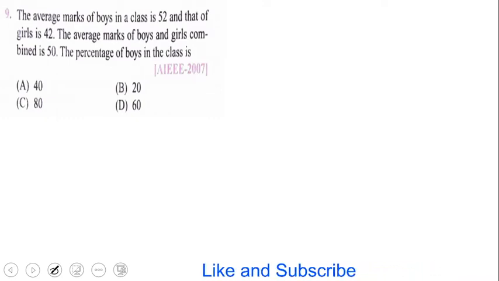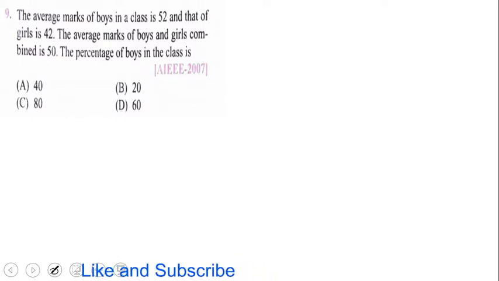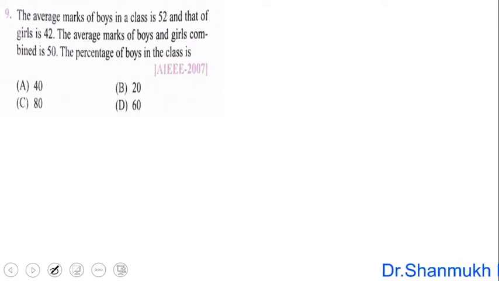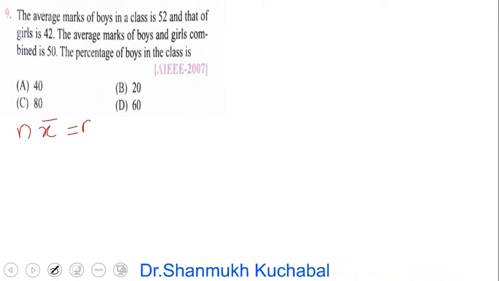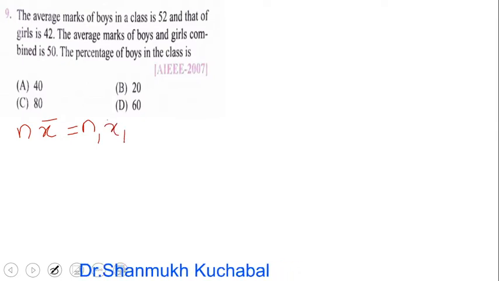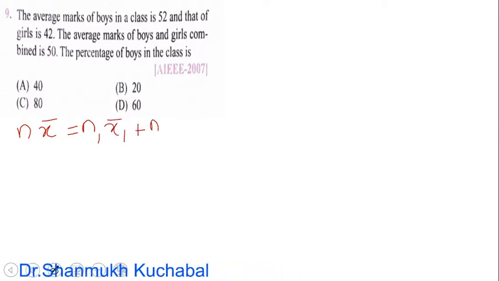The average marks of boys in a class is 52 and that of girls is 42. The average marks of boys and girls combined is 50. The percentage of boys in the class we have to calculate here. So the related formula is, mean is x bar, equal to n1 x1 bar plus n2 x2 bar.